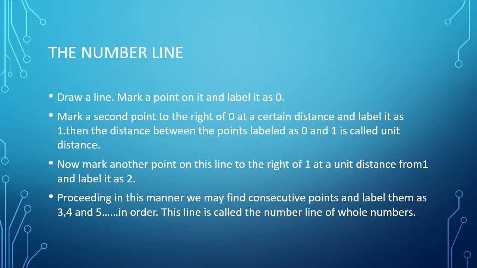Now mark another point on this line to the right of 1 at a unit distance from 1 and label it as 2. Proceeding in this manner, we may find consecutive points and label them as 3, 4 and 5, etc. in order. This line is called the number line of whole numbers.